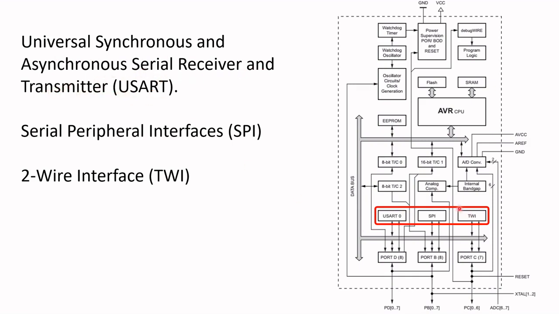The second one is the SPI, or serial peripheral interface, and then TWI, two-wire interface. T for two, W for wire, and I for interface. So these are the three forms of serial communication supported by the ATmega328. But in this video, I'm going to focus on the USART.